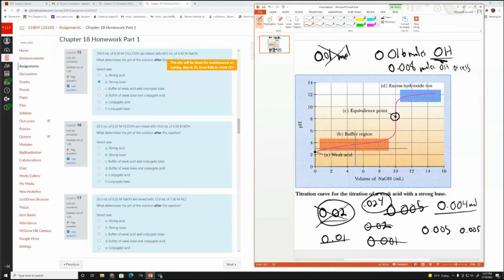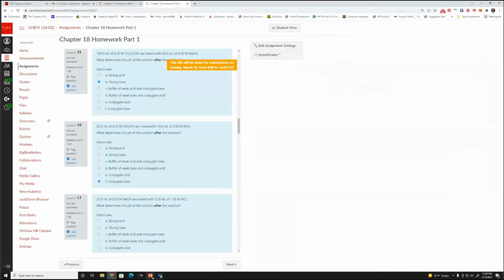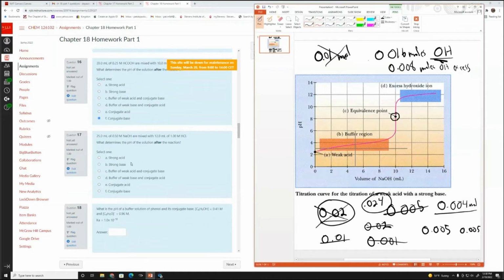So these numbers are equal, meaning there is a complete neutralization of the weak acid, meaning the equivalence point has been reached, and the pH of the solution can be determined by using the Kb of the conjugate base of the weak acid and doing an ice chart with that value.